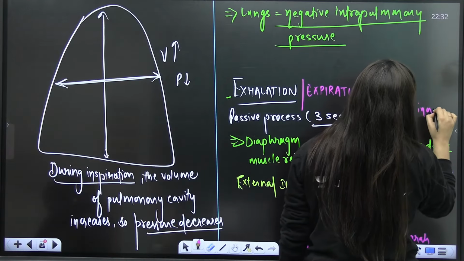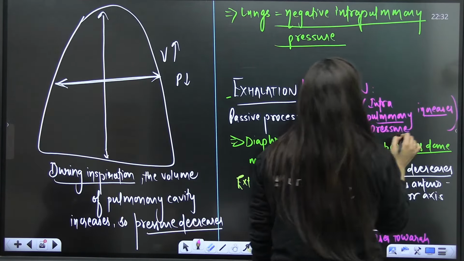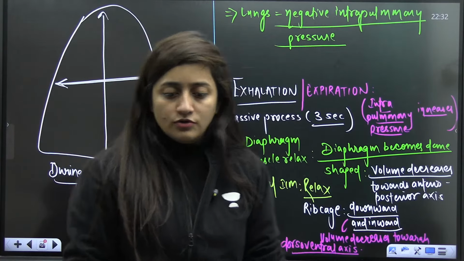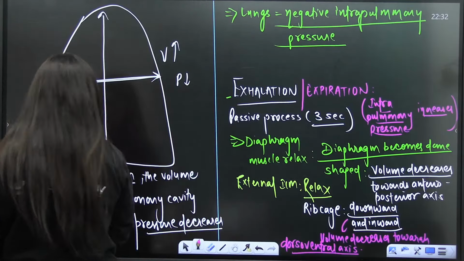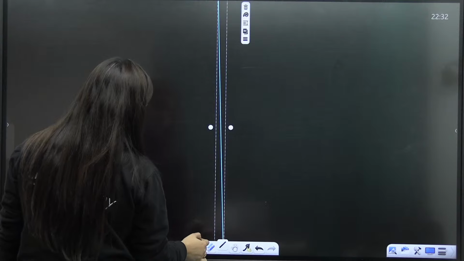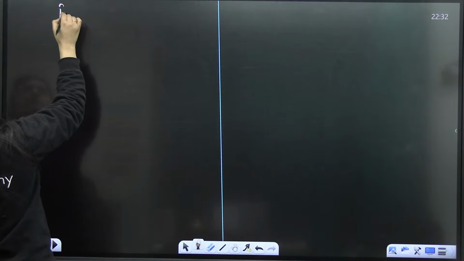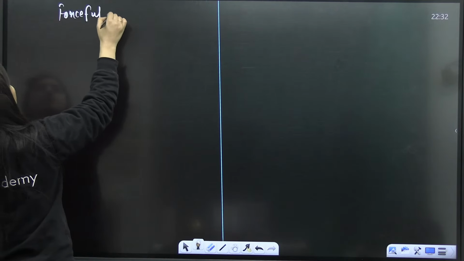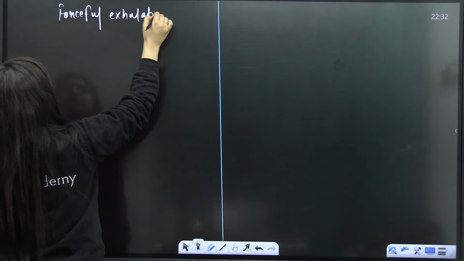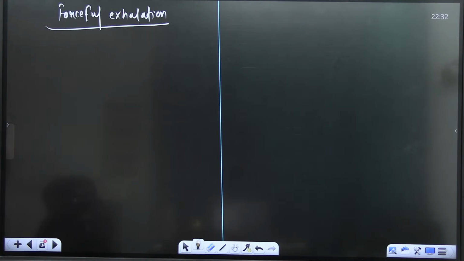So now you know that intrapulmonary pressure will increase, so the air will go out, students. So that is how it works. So this is about the normal inhalation, normal exhalation. Now we will also talk about the forceful exhalation or forceful expiration. We'll also discuss the additional muscles of the stomach as well. So you tell me.